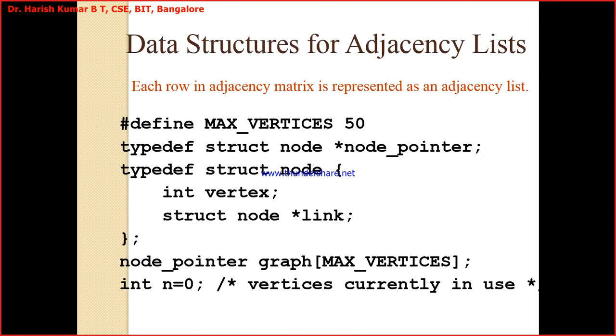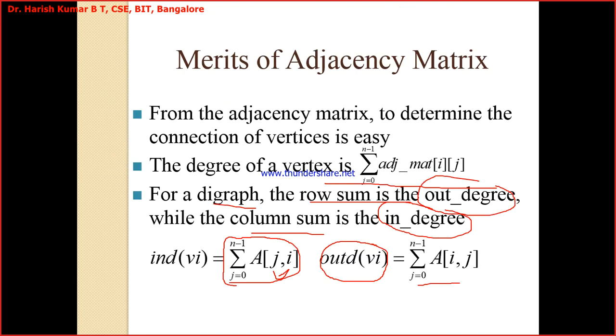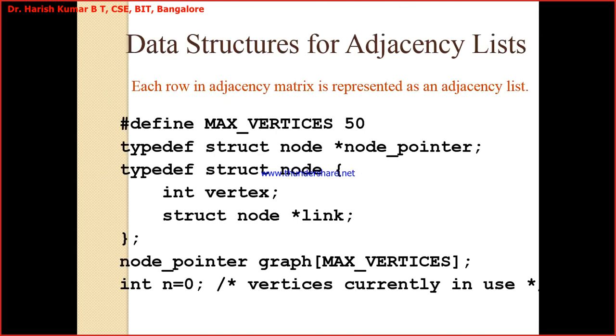Yeah, and next is the adjacency list. Okay. Now till now we understood how to represent a graph in the form of an adjacency matrix. Next what we discuss is how do we represent the graph in the form of an adjacency list.